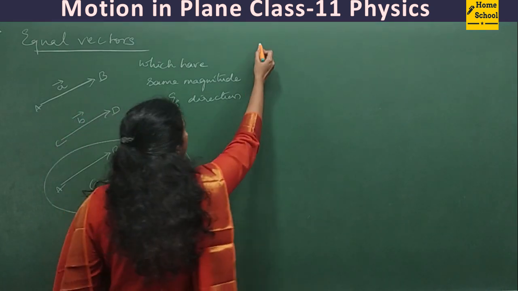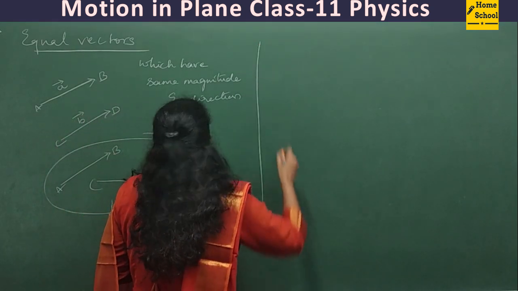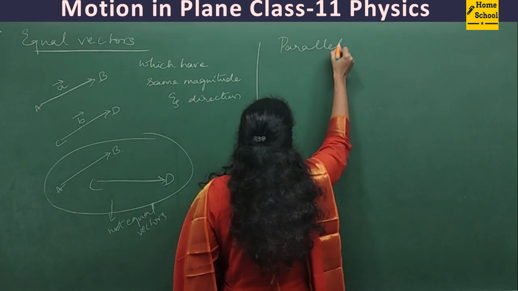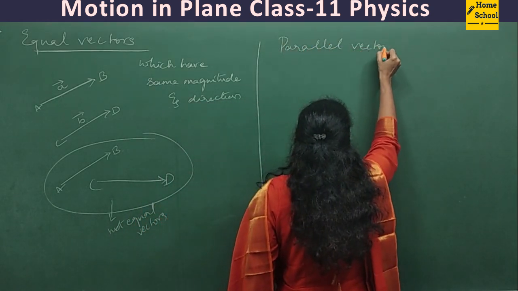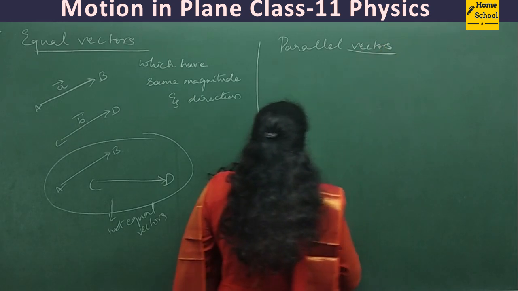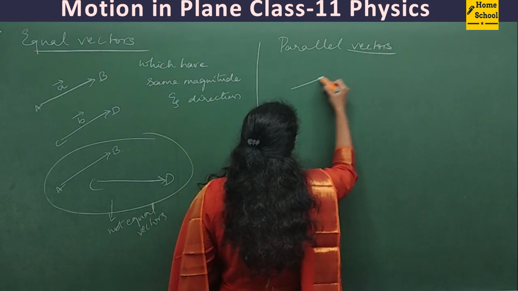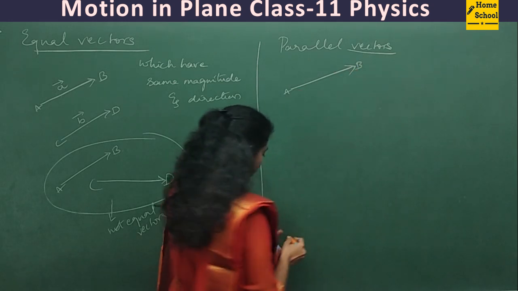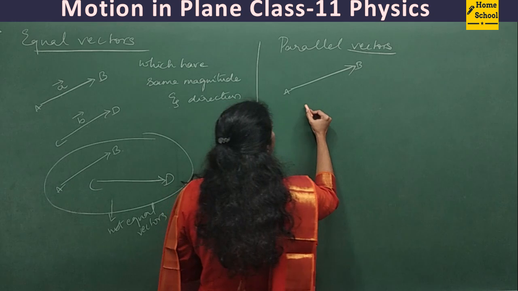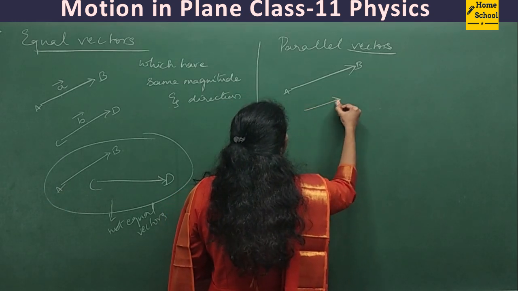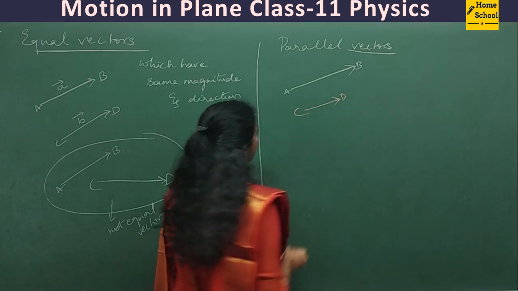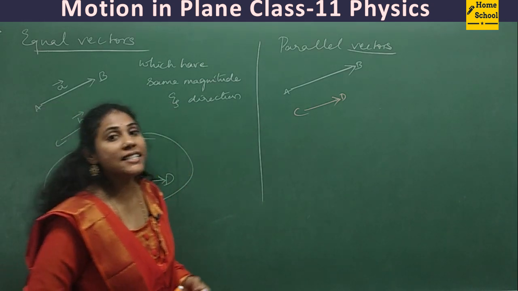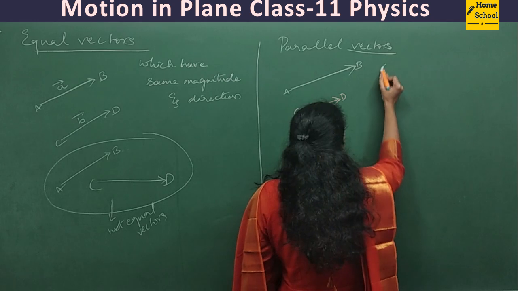Okay, fine. The next type of vectors that you need to know is parallel vectors. Observe here, this is one vector, AB vector, and this is another vector, CD vector. So here what is similar and what is different?